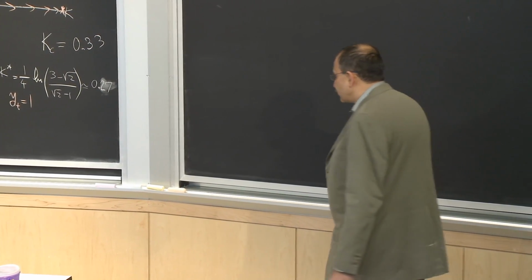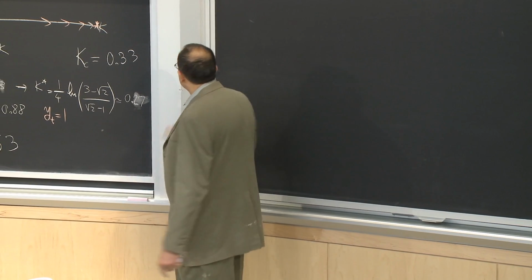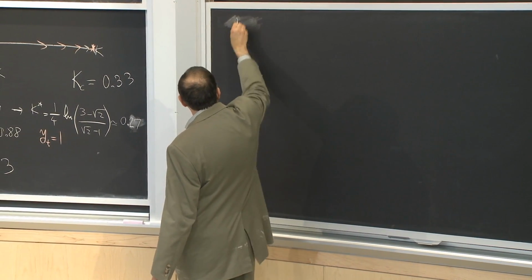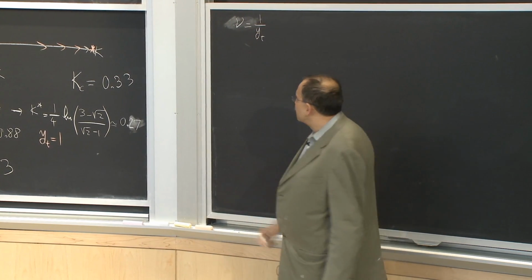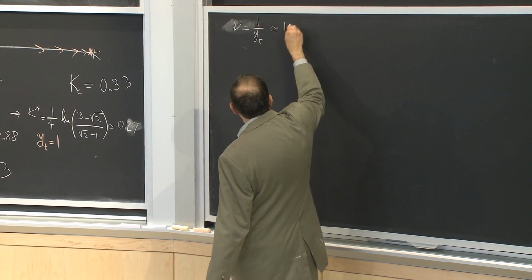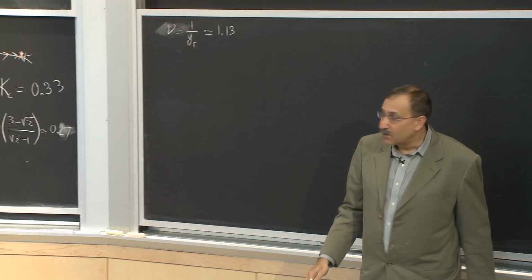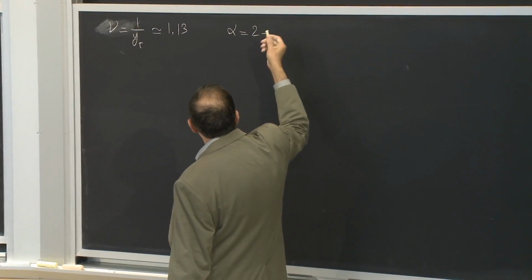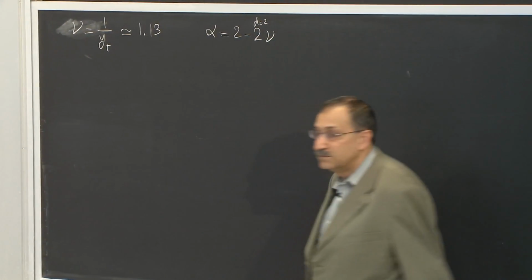Okay? Now, once I have yt, I can naturally calculate exponents such as alpha. Well, first of all, nu, which is 1 over yt. 1 over 0.88 is something like 1.13. Then the exact result would be the inverse of 1, which is 1. And I can calculate alpha, which is 2 minus d nu, which is 2 minus 2 nu.